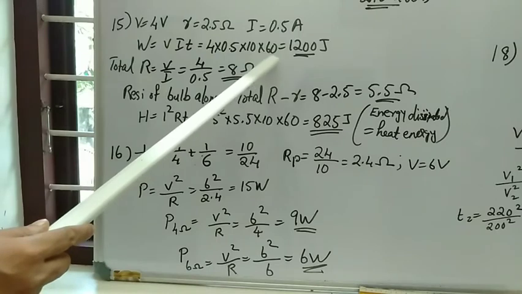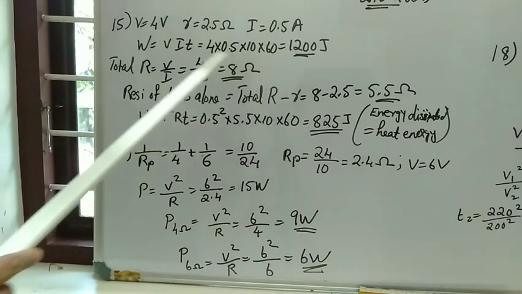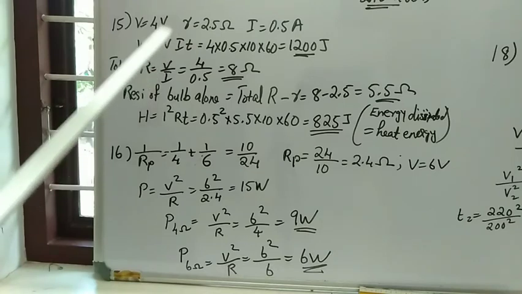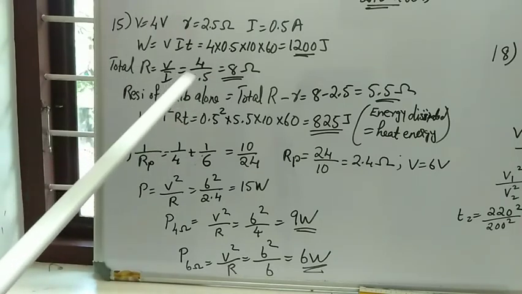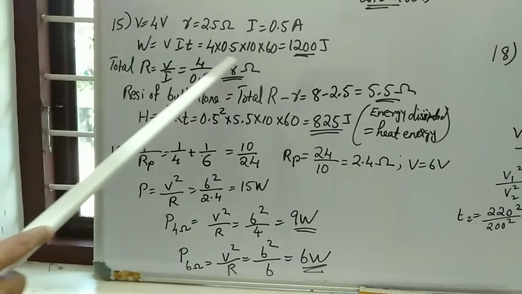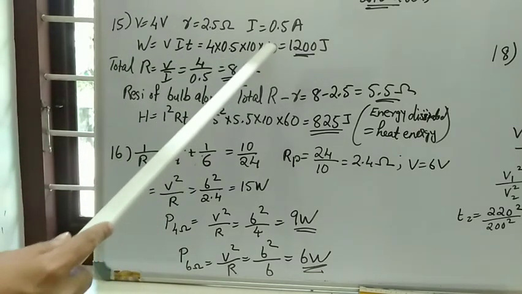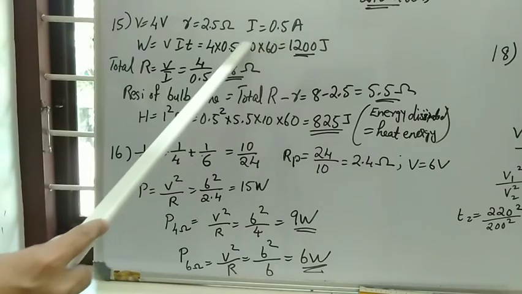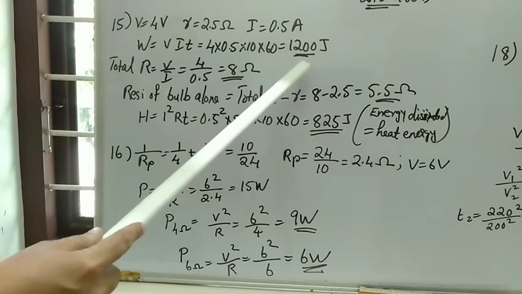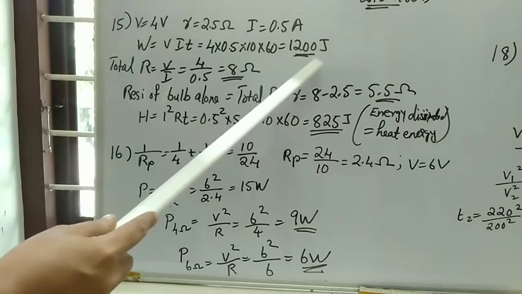So 10 into 60, you will get 600 seconds. The question is total energy supplied by the battery in 10 minutes. Total energy means work done, VIT. So just substituting, we will get the answer. Keep in mind 10 minutes; I wrote 60 here to convert minutes to seconds. We will get 1200 joule.